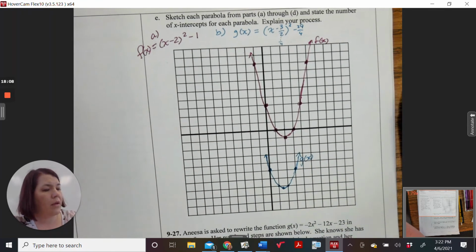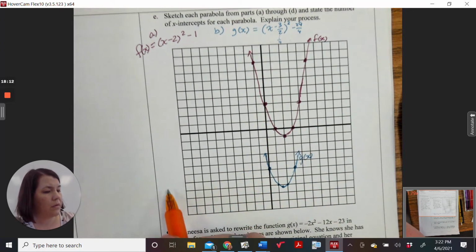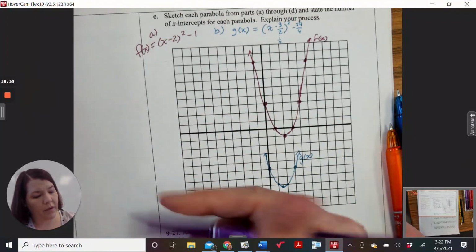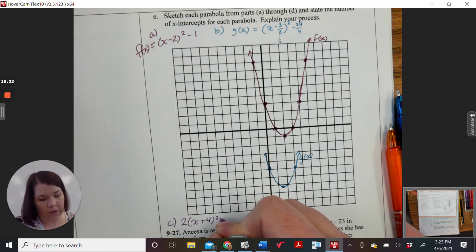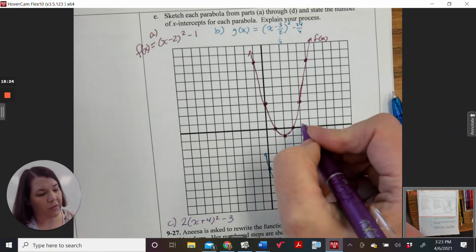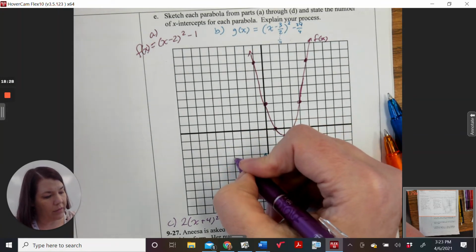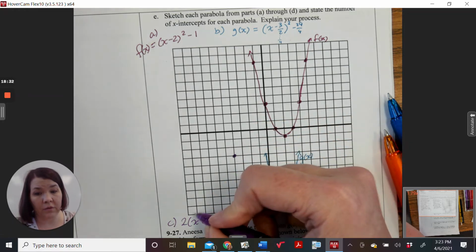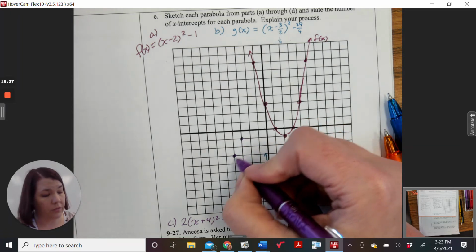Okay. Next, hopefully, C is 2 parentheses x plus 4 squared minus 3. So my vertex is at negative 4, negative 3. And now I have this 2. So it's a stretch factor of 2. Up 1, right 1, up 2.